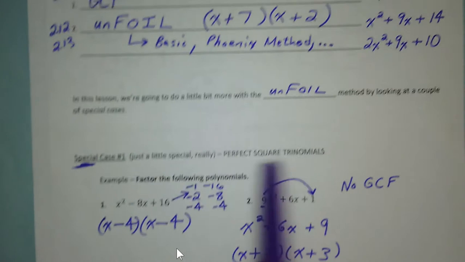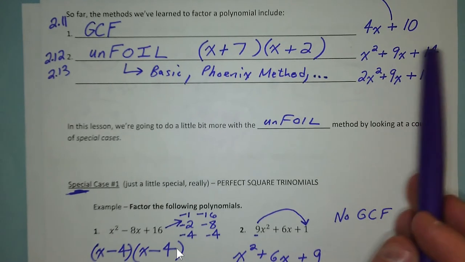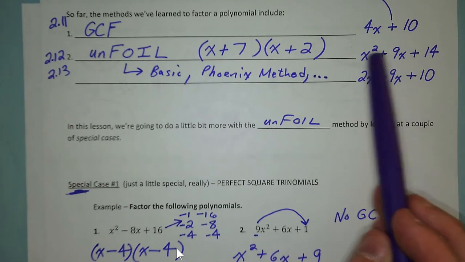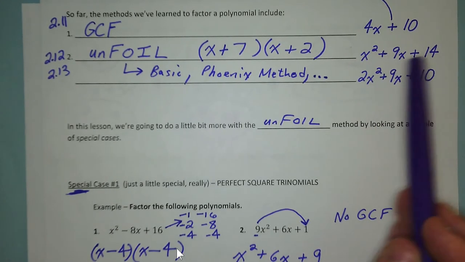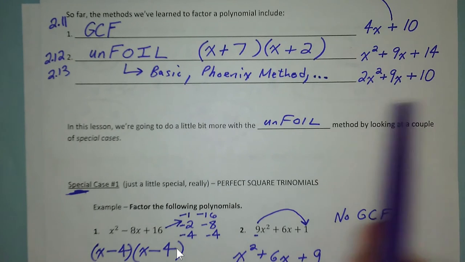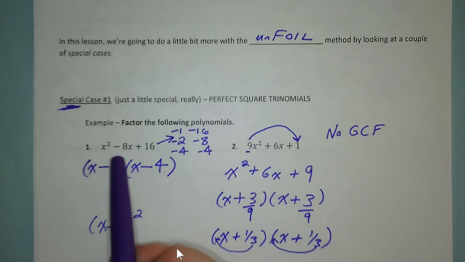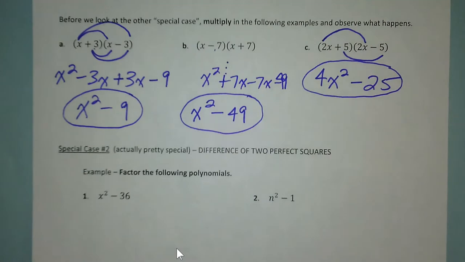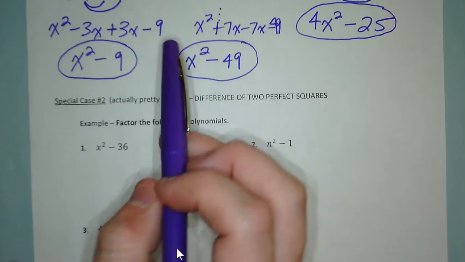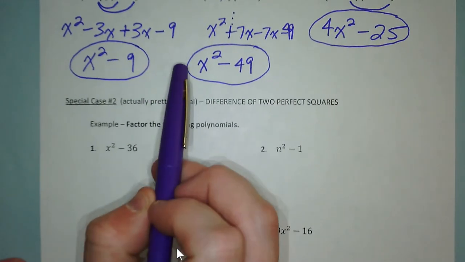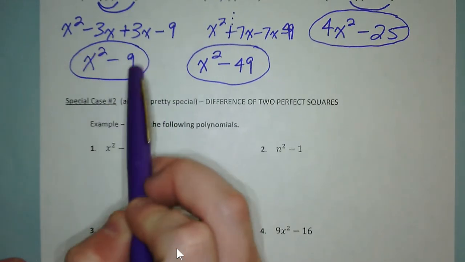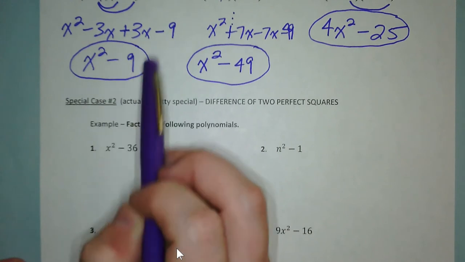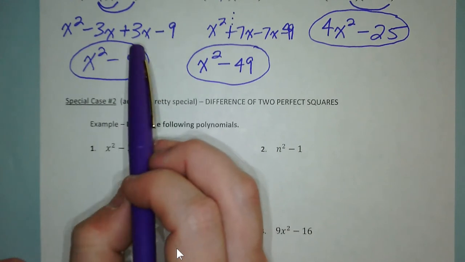Normally, things that unfoil have 3 terms: x squared plus 9x plus 14, 2x squared plus 9x plus 10, these other examples down here, x squared minus 8x plus 16. Normally, when you go to unfoil something, it's got 3 terms. But now, starting now, you have to be on your toes about looking at a binomial that might actually unfoil.